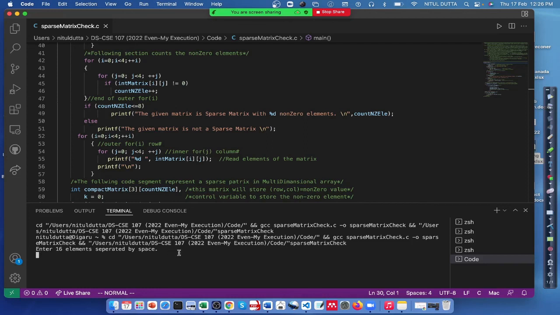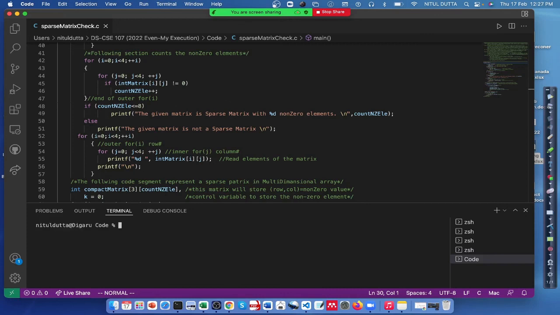But let me not do it this way. First of all, let me compile this program. The name of the program is Sparse Matrix check .c, and I will compile it to sparse.out. Apart from that, let me create a file from where I will take the input.